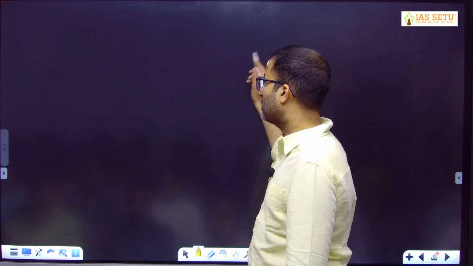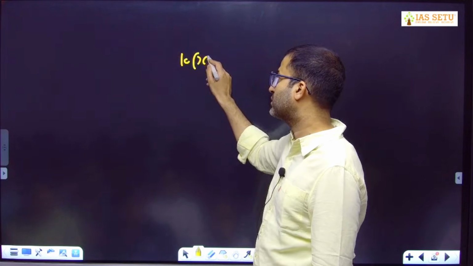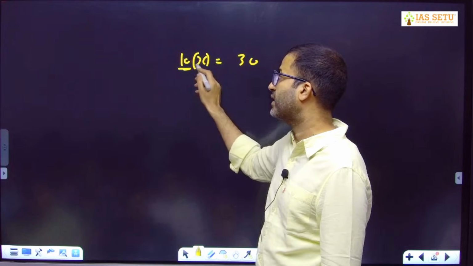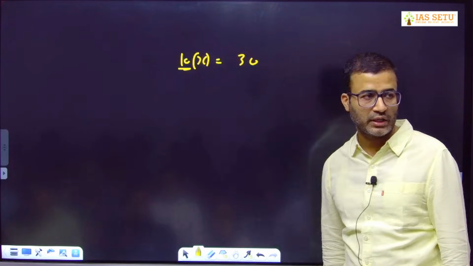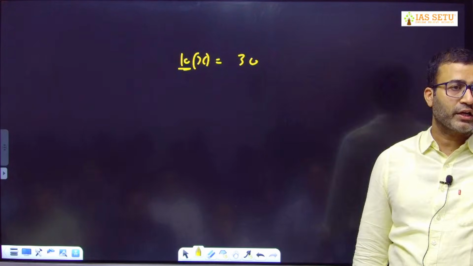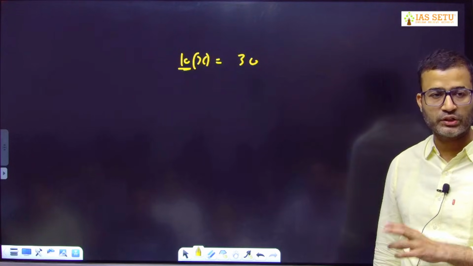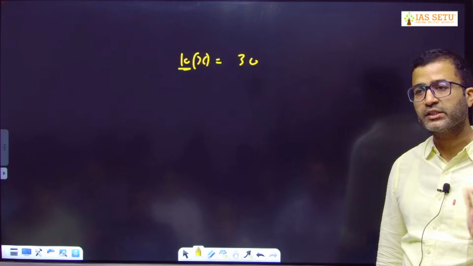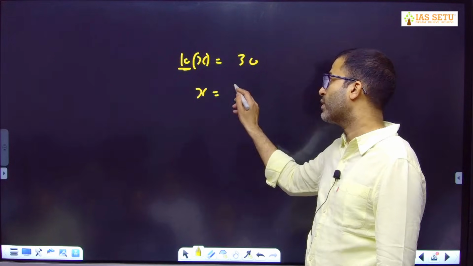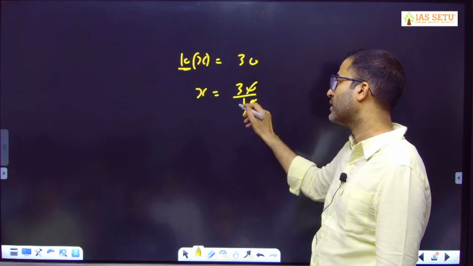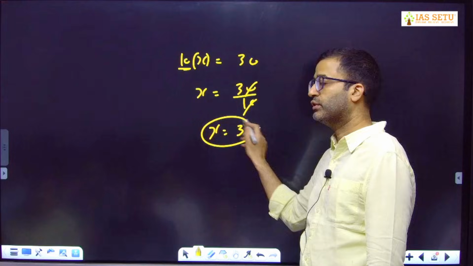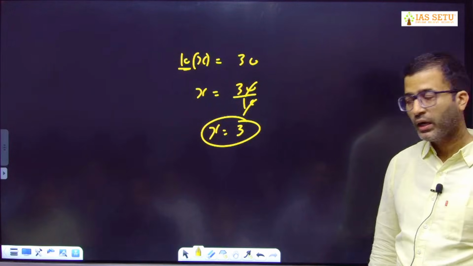One more thing, if you have 10x is equal to 30, if 10 is multiplied on the left hand side and you want to take 10 to the right side, it will be divided. What is multiplied becomes divided, plus and minus interchange. So x is 30 by 10, x is 3.